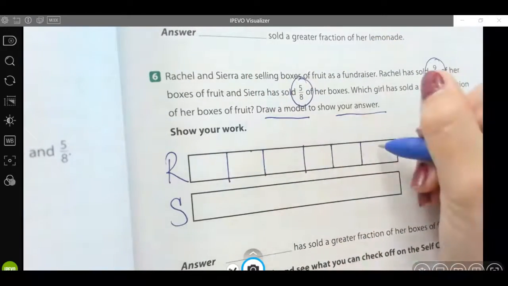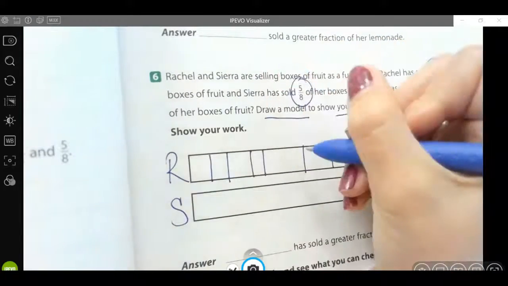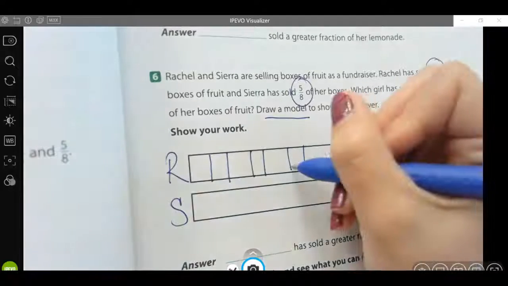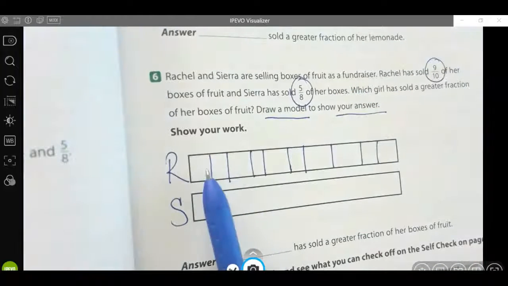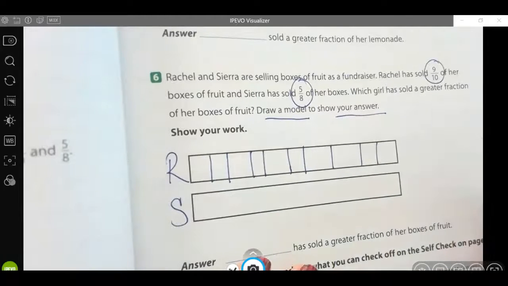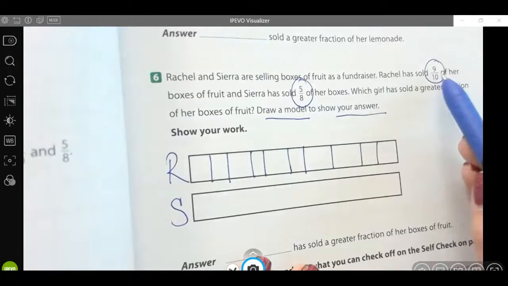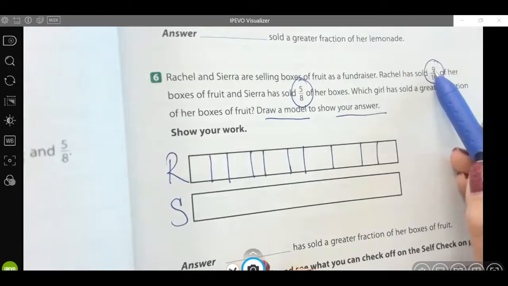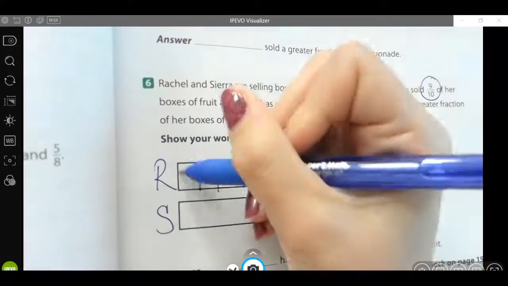Okay, so sometimes when you're drawing, it's hard to make them equal, but there's 10. 1, 2, 3, 4, 5, 6, 7, 8, 9, 10. And how many do we shade in? 9.